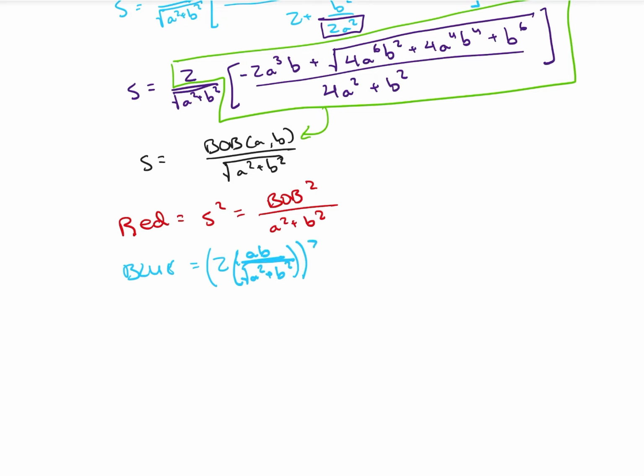And that whole thing is squared, which is going to give us 4a squared b squared divided by a squared plus b squared. Okay, so if I want to know red over blue is then going to be Bob squared. And notice the a squared plus b squareds are going to cancel, so it's going to be Bob squared divided by 4a squared b squared.